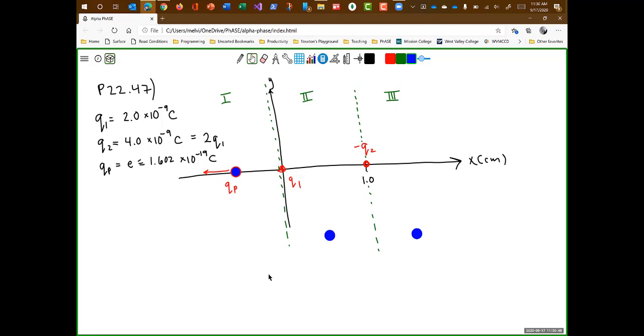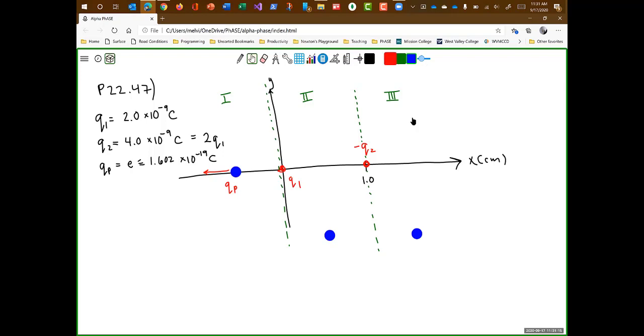If you're not sure, look at the sign on charge 2. And I'm going to just double check the chat, make sure I don't have anything. Okay, so Carissa says that charge 2 will attract the proton. And that's correct, because since charge 2 is opposite in sign to charge 1, charge 2 will attract the proton. Let's illustrate that.